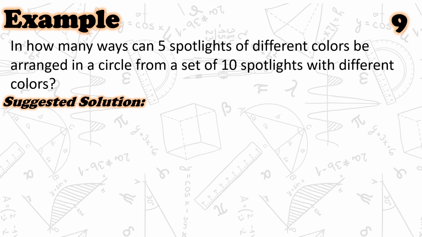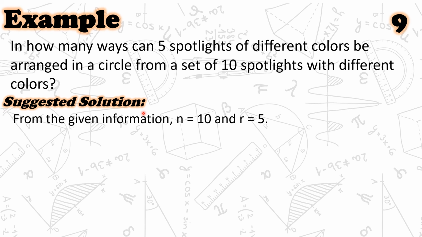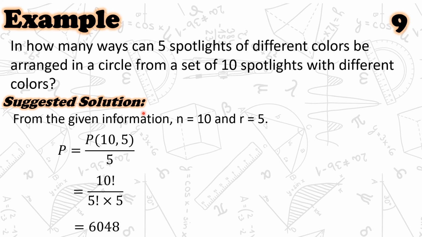Since in arranging 5 spotlights in a circle, the clockwise and anticlockwise orders are different, and we take these 5 from a group of 10 different spotlights, hence we have n is equal to 10 and r is equal to 5, so we use the formula n permutation r over r, so we have 10 permutation 5 over 5. 10 permutation 5 is 10 factorial over 5 factorial, divided by 5, so we have 10 factorial over 5 factorial times 5, and this is equal to 6,048.